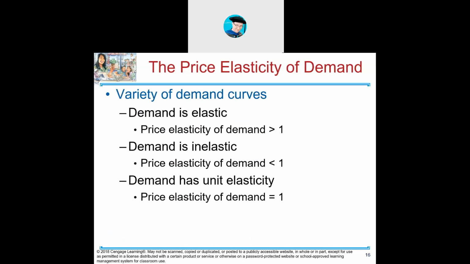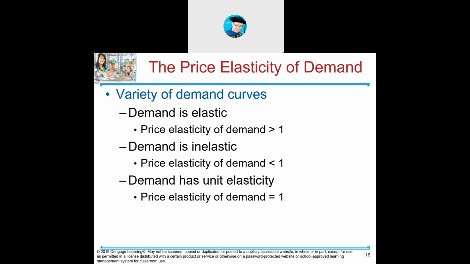So let's think about the demand curve. As you recall, the demand curve is downward sloping and to the right. Demand is elastic if the price elasticity is greater than 1. Demand is inelastic if the elasticity is less than 1.